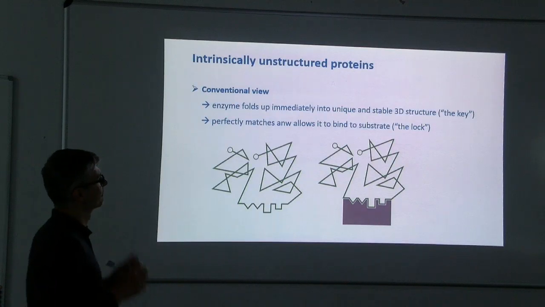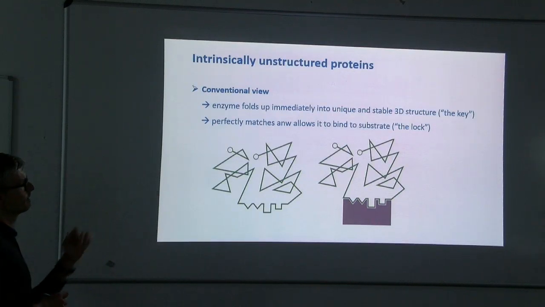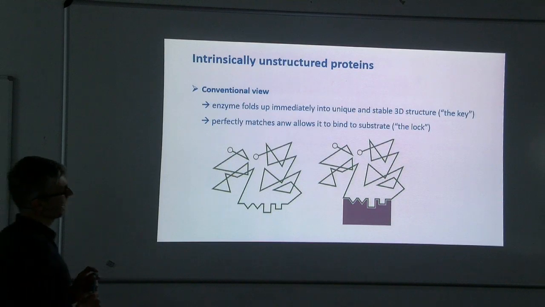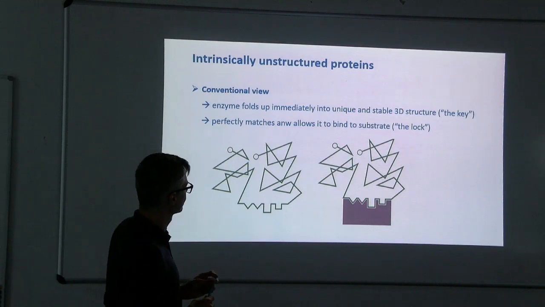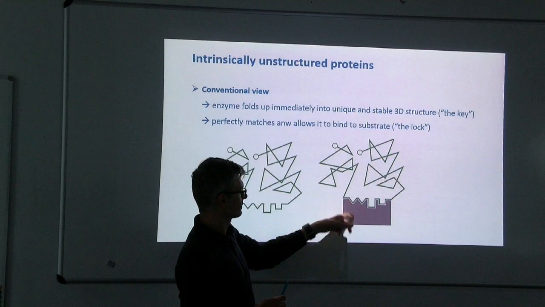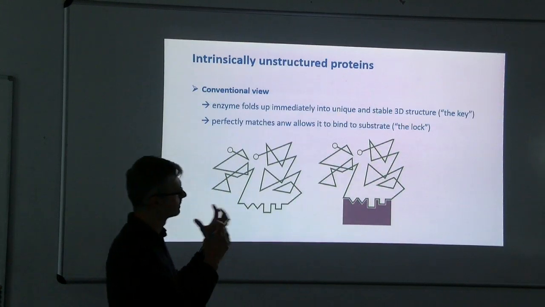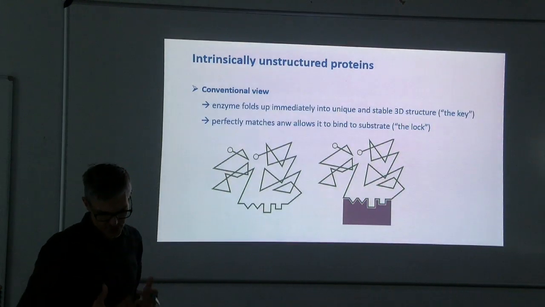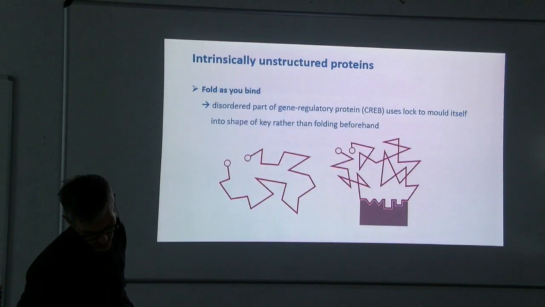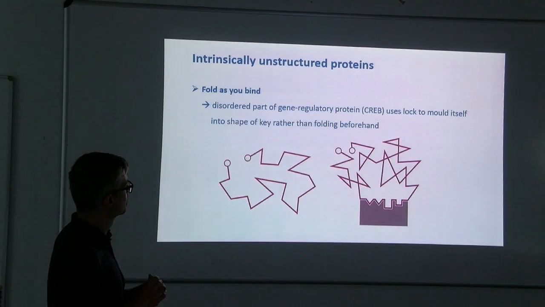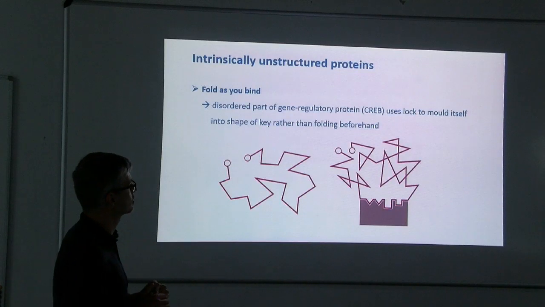Now, how do you have to look at this? So this is the basic idea, the lock and the key that I referred to this evening. So ligand and receptor, a certain stable state, structure, and they can interact. What are other options? You can have what we call fold as you bind.